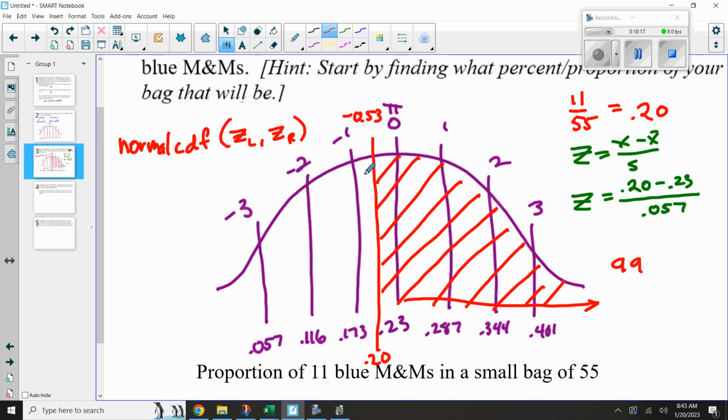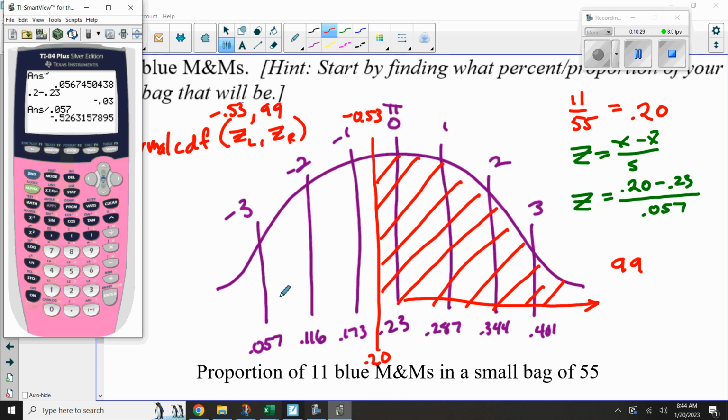So now I can do my normal CDF, and my z-score on the left is going to be negative 0.53, and my z-score on the right is going to be positive 99. So I'm going to go second, distribution, normal CDF, negative 0.53, comma, positive 99, close parentheses.